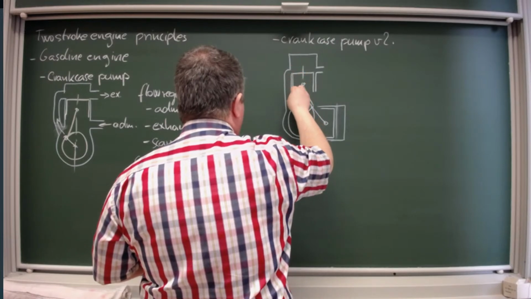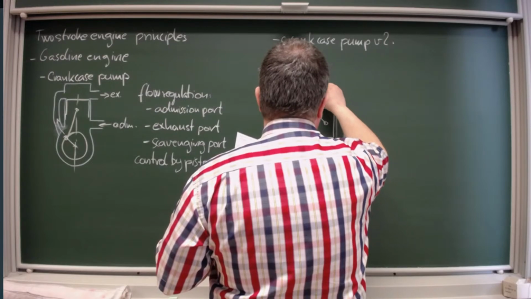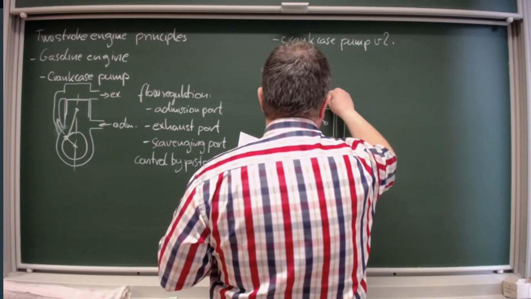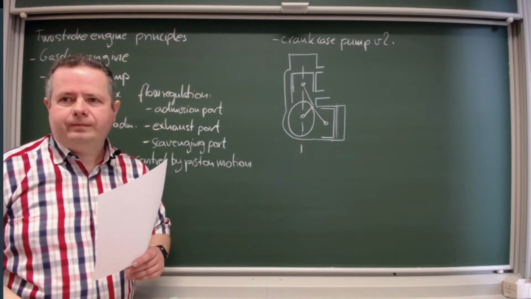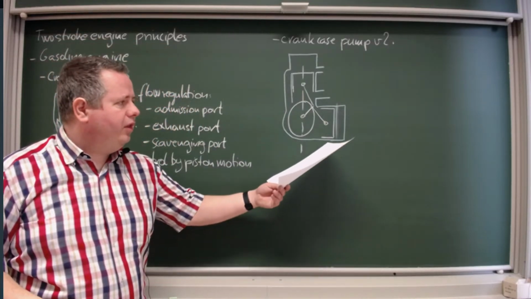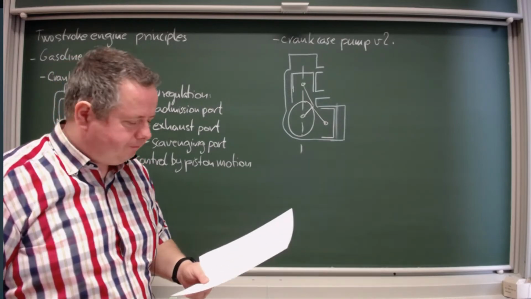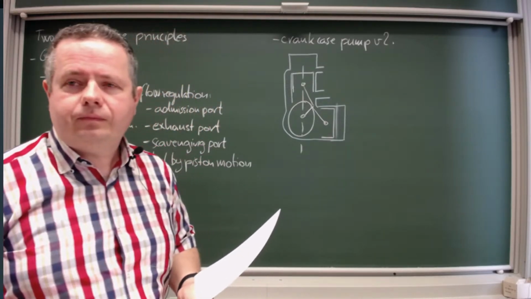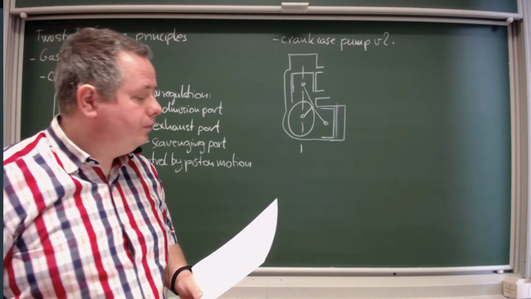I get a cylinder wall like this, and I should have admission somewhere here, like this. Okay? This secondary piston does nothing else than changing the volume of the crankcase. Modifying the volume will lead to better efficiency, or just efficiency?